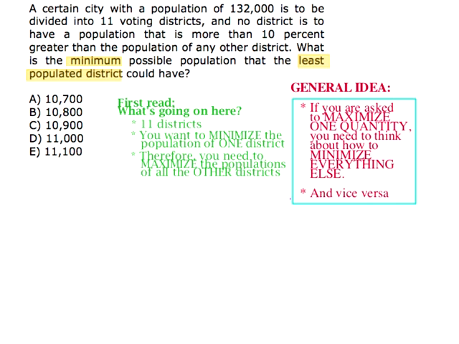So in other words, there's going to be some maximum allowable value, and every single other district is going to have it. So all of the other districts will have the same maximum value of population. You want to figure this out before you start doing mathematics.